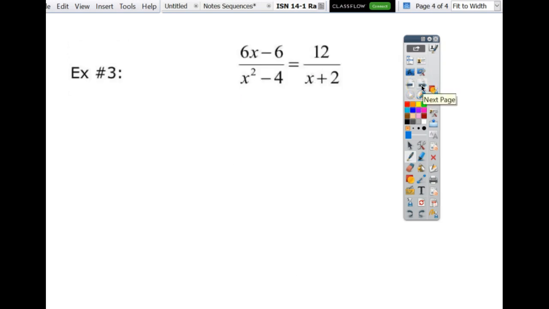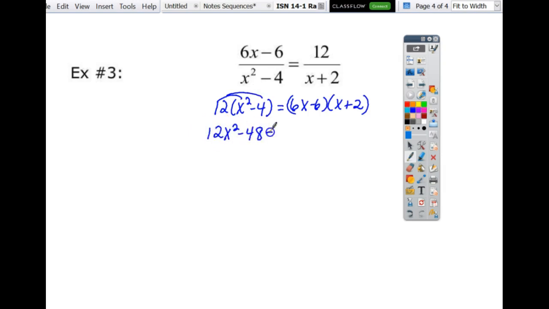So example 3. So I'm going to cross multiply. So when I distribute, I'm going to have 12x squared minus 48.